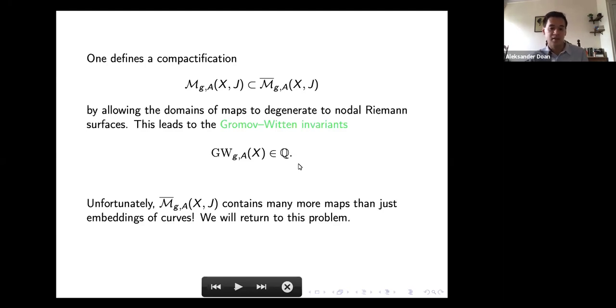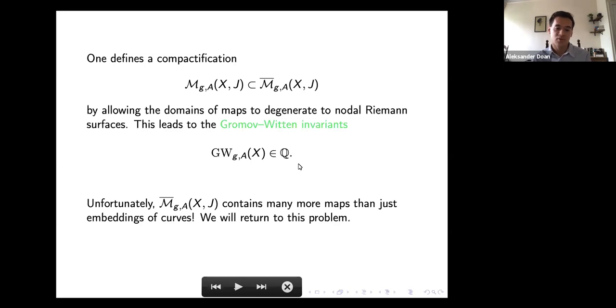So this is something in the spirit of what I said at the beginning, that we want to count curves, except you have to count them in this very complicated and fancy way. Unfortunately, this is an invariant, but it's very far from the naive geometric intuition that I'm interested in counting some curves, perhaps passing through some constraints and so on. Because this compactification contains many more maps than just embeddings of curves.